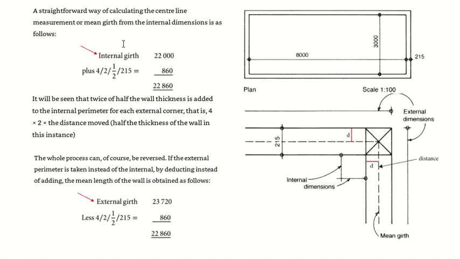So, for example, if you have internal girth and you want to calculate the center line, in the internal we will add. So what will we add? 4 for, what was the 4? Corners. 2 for 2 walls.